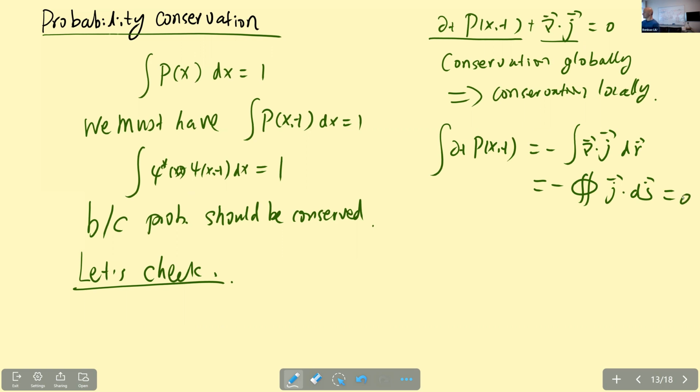So these two actually are equivalent to each other. Once you have a global conservation, you should also have this local current. So what we need to do is to check this one with the Schrodinger equation.